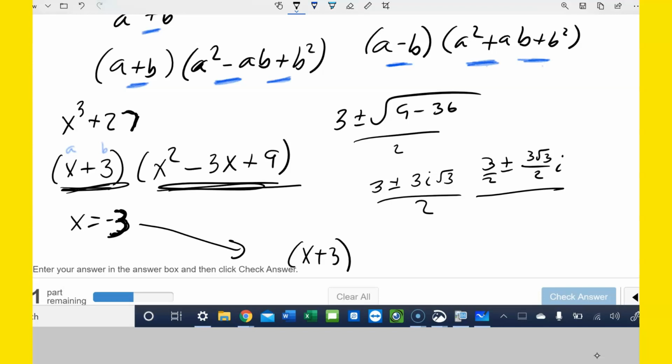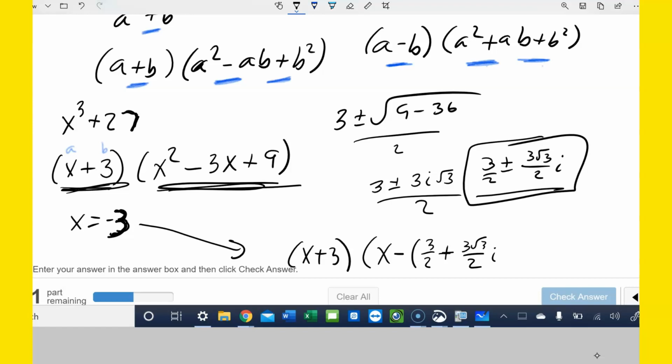And then this is going to be x minus, and then parentheses, 3/2 plus 3 root 3 over 2i, and x minus 3/2 minus 3 root 3 over 2i.